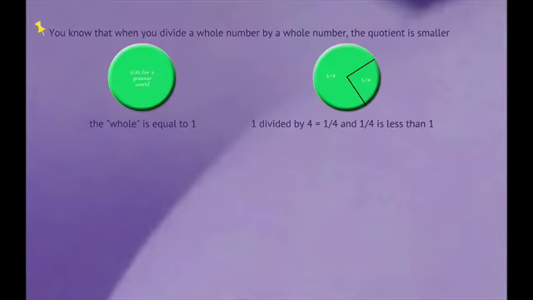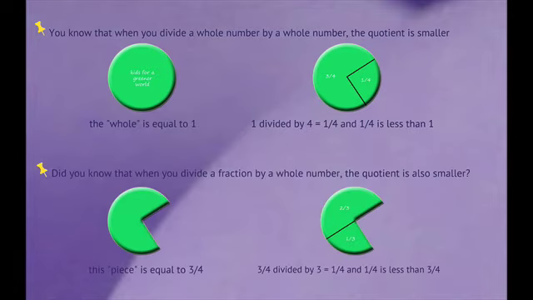Let's take a deeper look. You know that when you divide a whole number by a whole number, the quotient is smaller. The whole is equal to 1. Here is the whole, the green graphic. 1 divided by 4 equals 1/4, and 1/4 is less than 1.